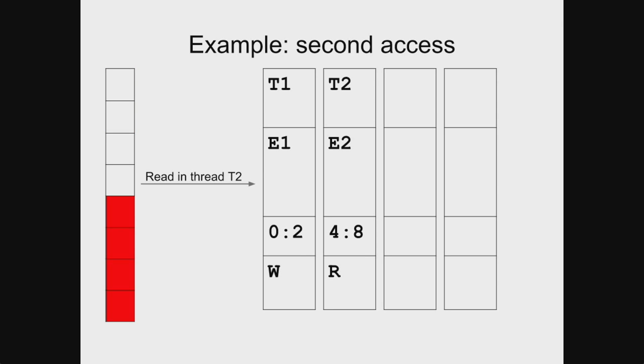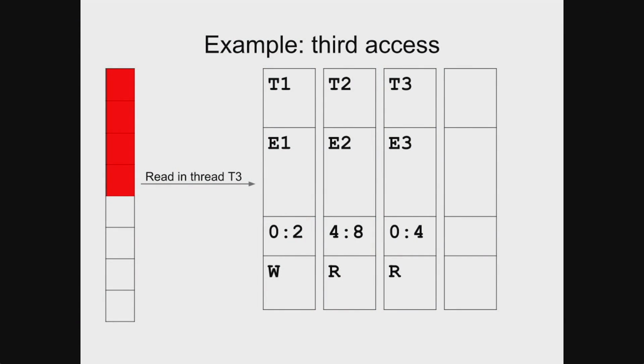Suppose later another thread is reading the last 4 bytes. Again, we're filling another cell. Since there is no intersection between the memory ranges within the 8-byte word, there is no chance that this is a data race.